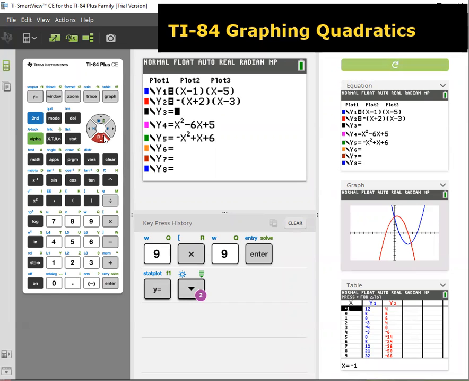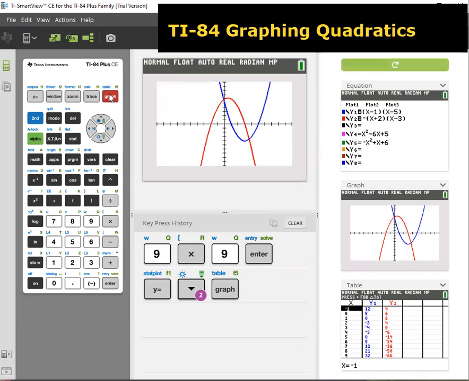And the second equation, negative times x plus 2 times x minus 3, those factors are the same as negative x squared plus x plus 6. In fact, if we go to the graph, which is the graph button, you can see that both parabolas are graphed because I have them on here, shaded in black in those cells in the column.